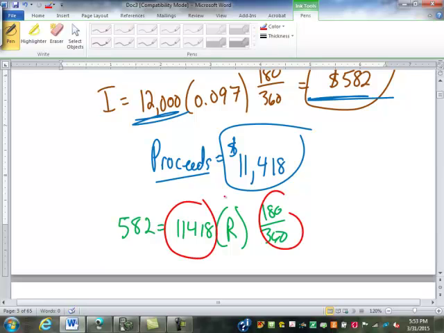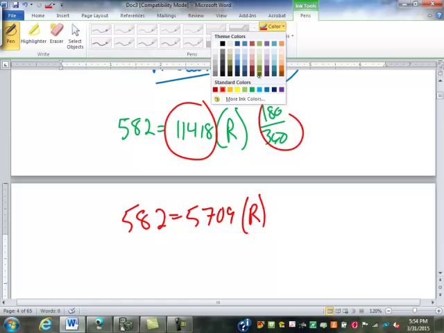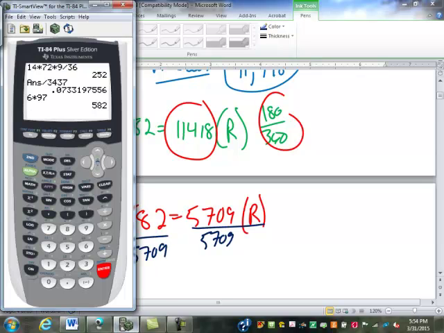We're going to combine those two. Good. So 582 equals 5709R. And then divide. 582 by 5709 is 0.10194.